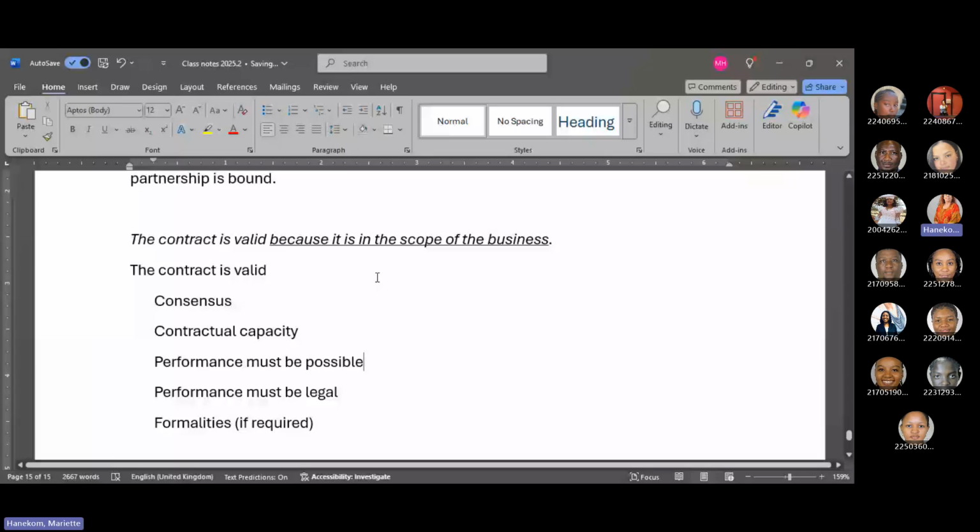No, it's not. A contract can be perfectly valid even if it's not in the scope of the business. What I'm going on about is the use of the word because. It is not valid because it is in the scope of the business. It is valid because it meets the 5 requirements for a valid contract.